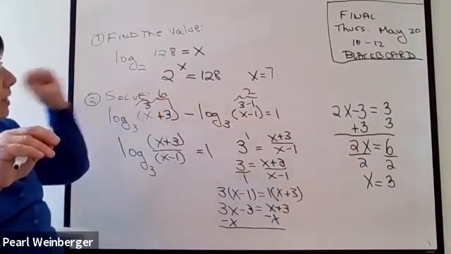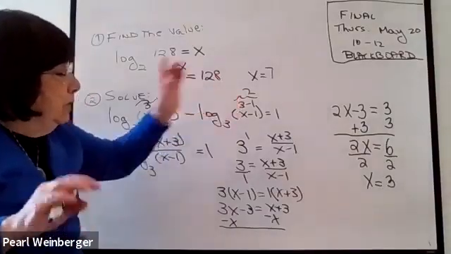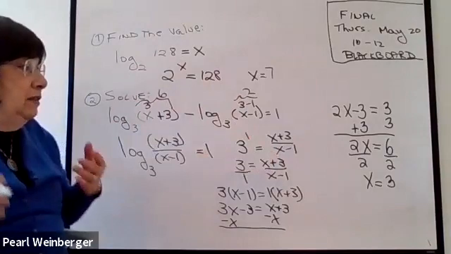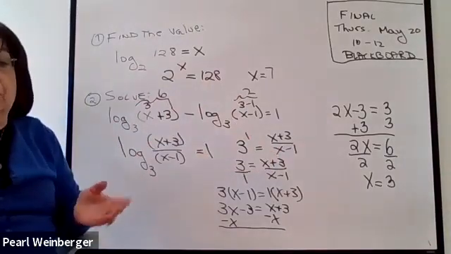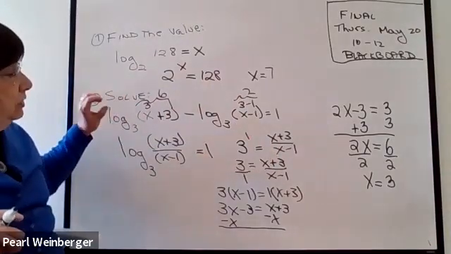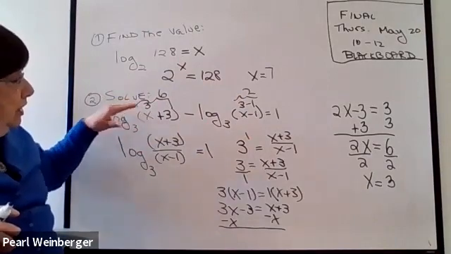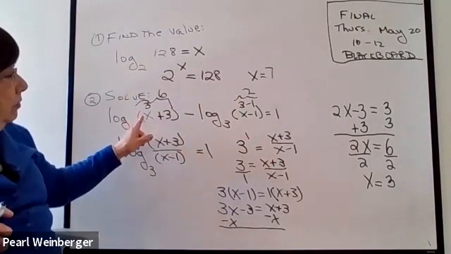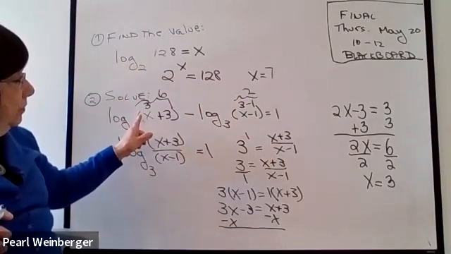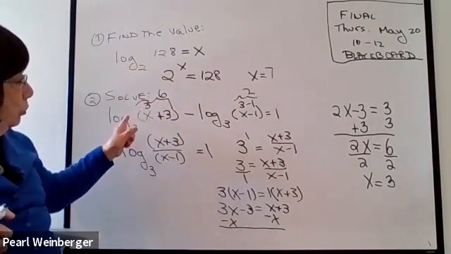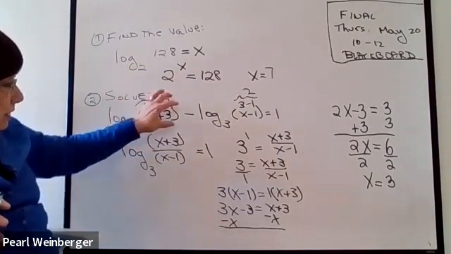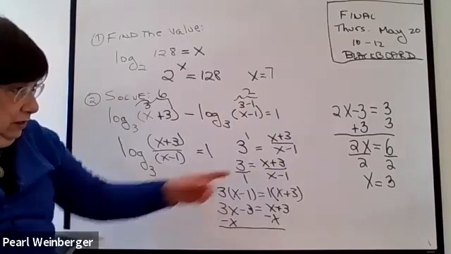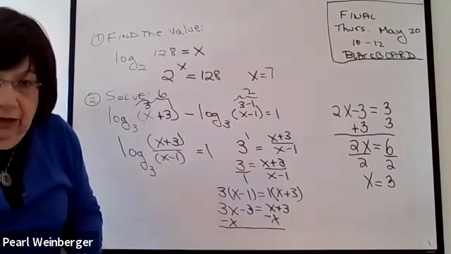And 6 is a positive number, and 2 is a positive number. Usually when that number is positive, it works, and when it's negative, it doesn't. But really, that's not 100% the case. You really have to check that what you're finding the log of, the number in the parentheses, has to be a positive number. This is, so 3 is the correct answer.